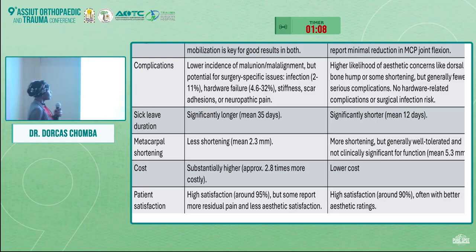For sick leave, it's longer in the operated patients than in the non-operated patients. For shortening, slightly more, but still within what's acceptable in the non-operated patients. And cost, much lower in the non-operated patients, and patient satisfaction is almost the same in the two groups.